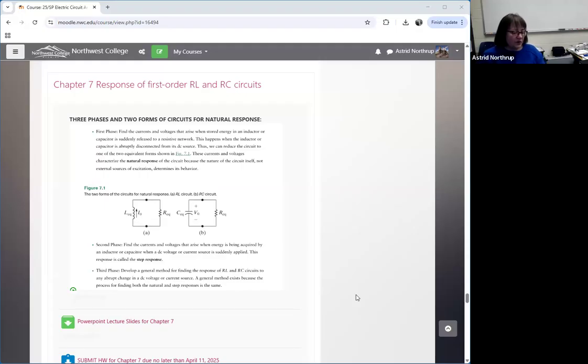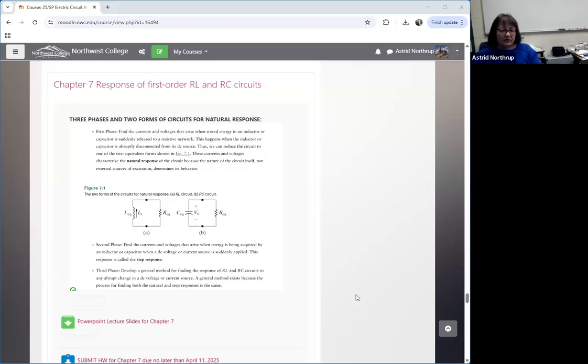So the first type of response we talk about is a natural response, which is basically what happens to the circuit when either an RL or an RC circuit is disconnected from its DC voltage. And it's called natural because it's a natural response based on the nature of the circuit itself, and it's not dependent on external sources of excitation.